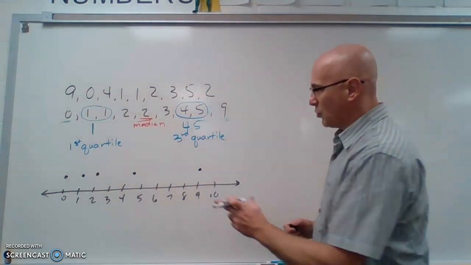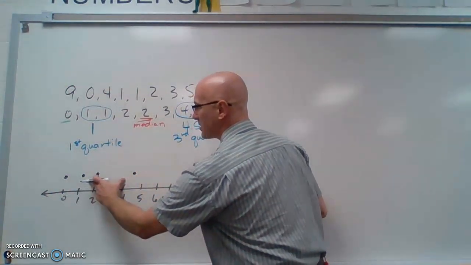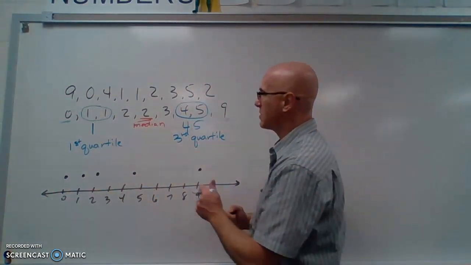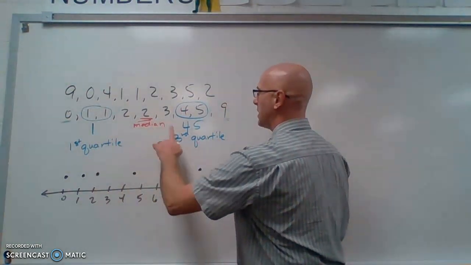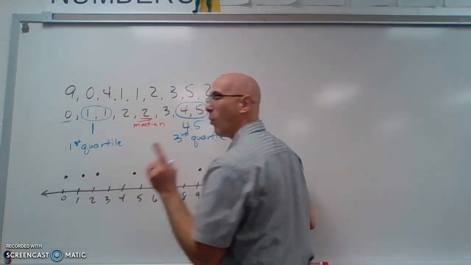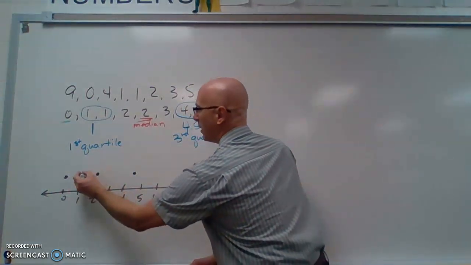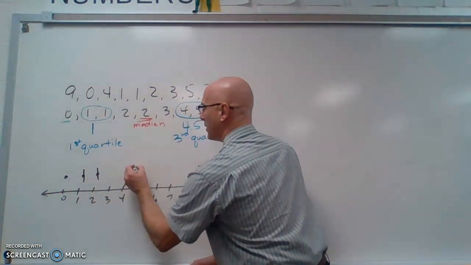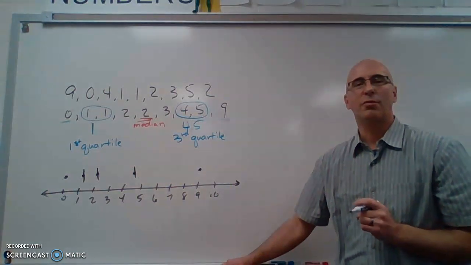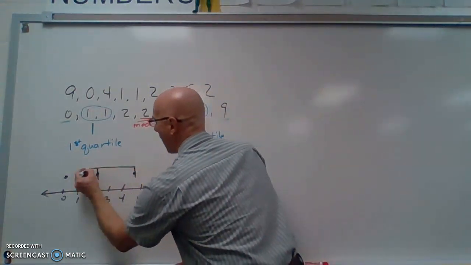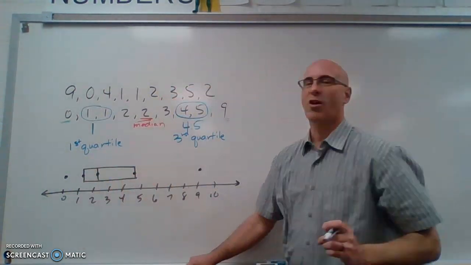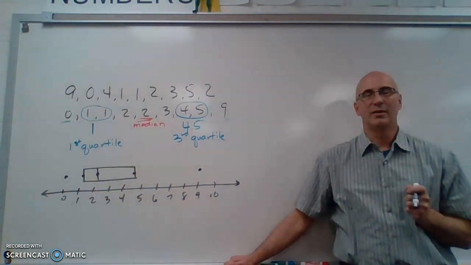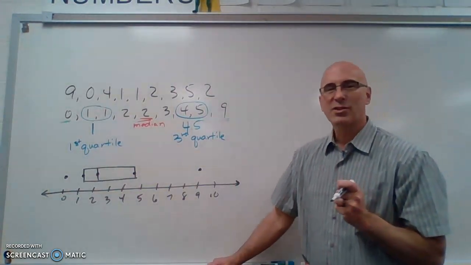Now what I'm going to do is take these 3 middle dots, my first quartile, median, and third quartile. Watch what I'm going to do. I'm going to put small lines right through them and then draw a box. So here is the box.